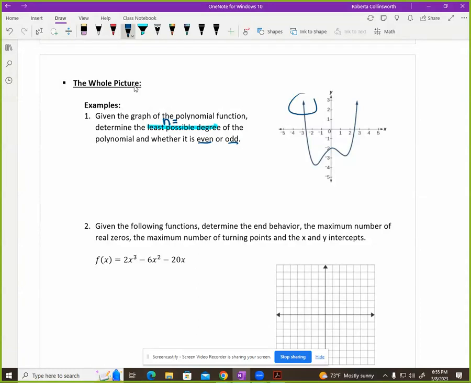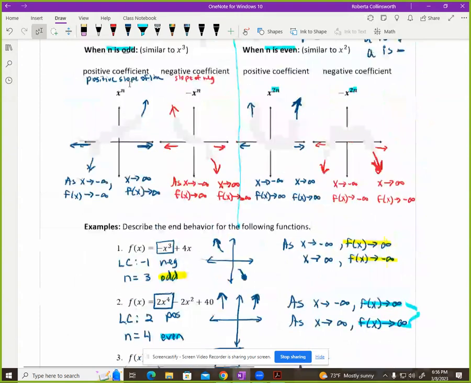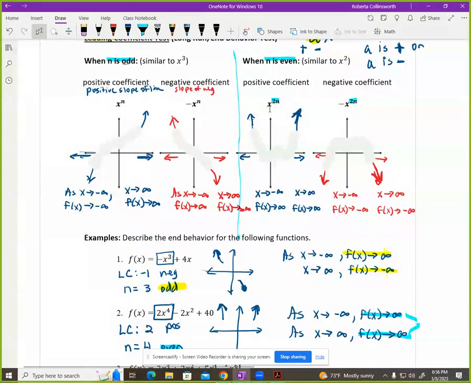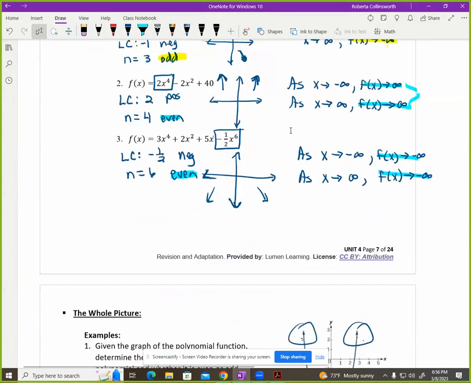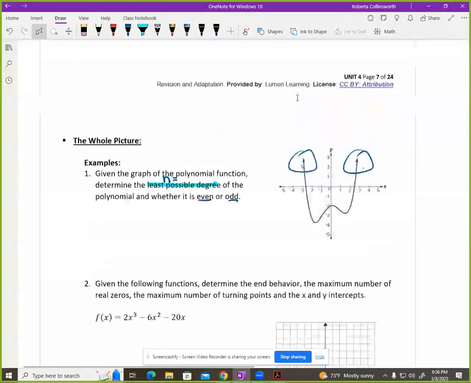And I see that both of them are going up. So when I go back to this picture, I know that it has to have a positive coefficient and n is even. That's what this is. N has to be even.